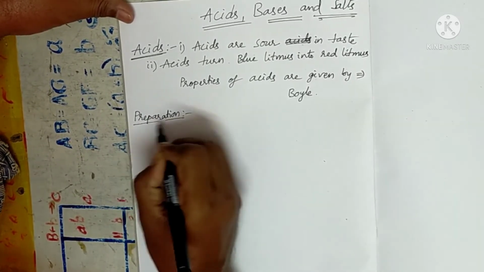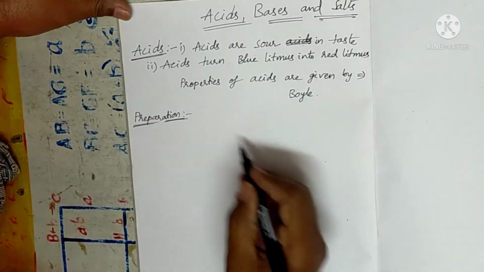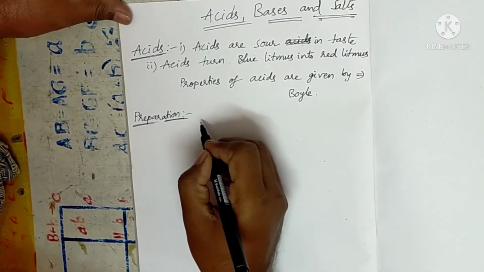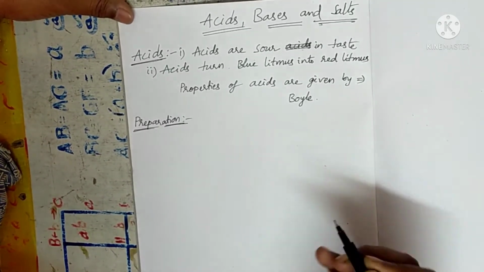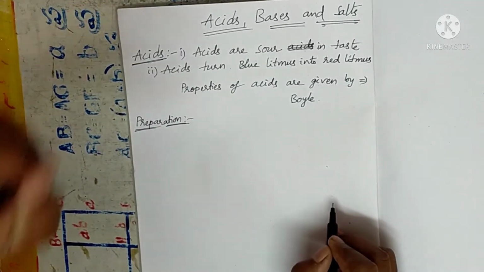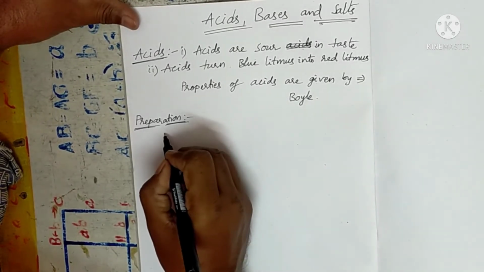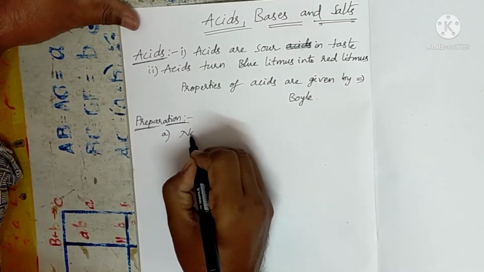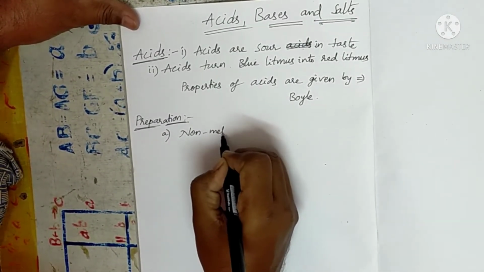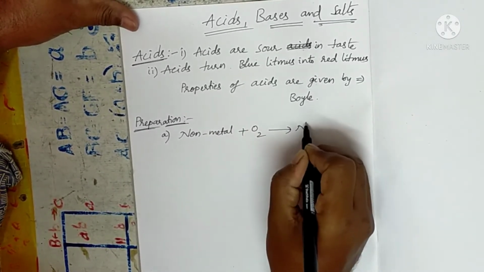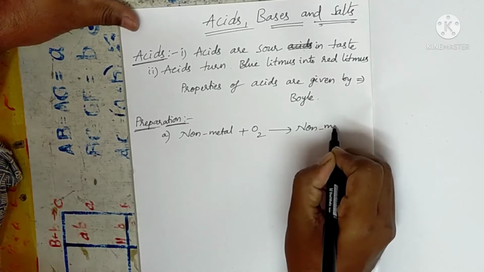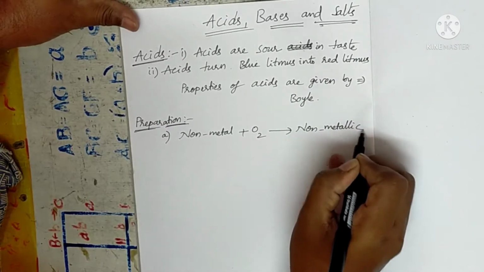Preparation. Generally, acids are prepared from non-metals in two steps. First step: a non-metal reacts with oxygen and forms a non-metallic oxide.